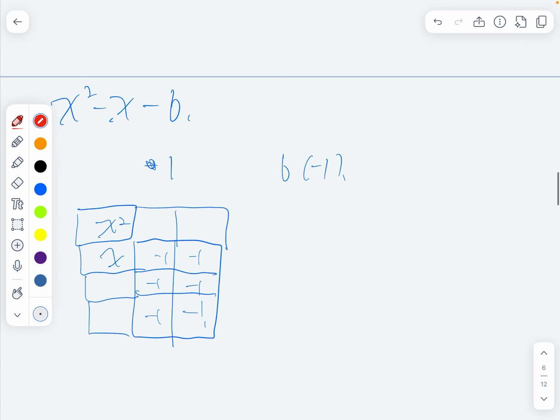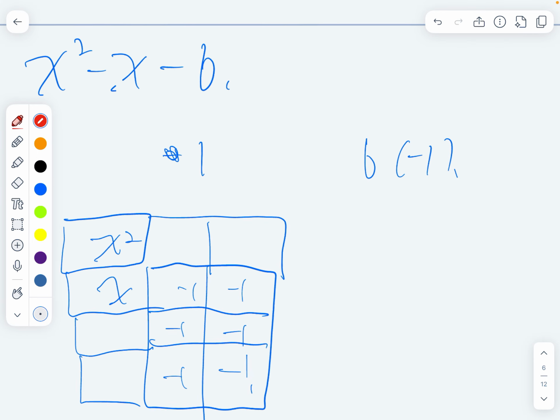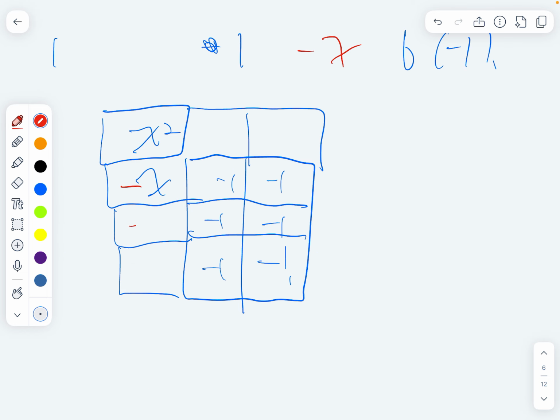Okay, here is another one. This is the same. We have one negative x, so we need to borrow 2 negative x.